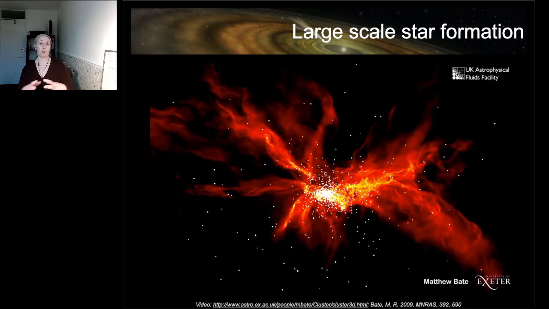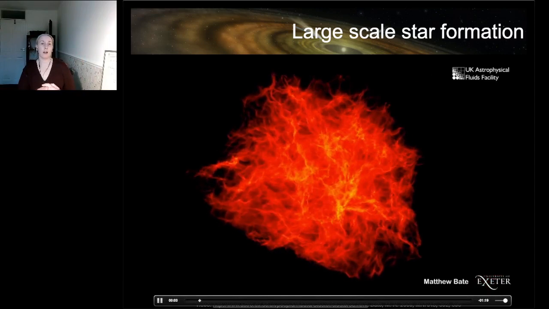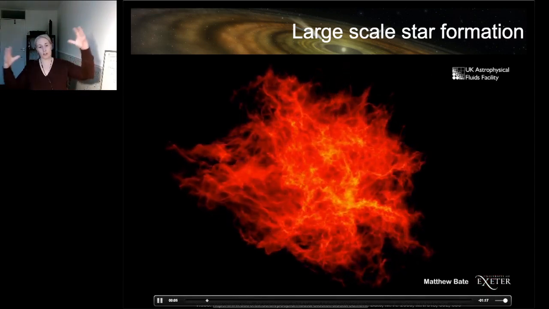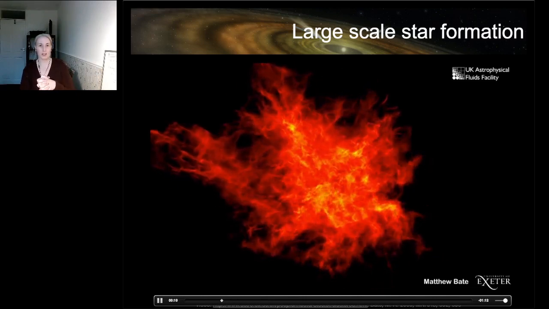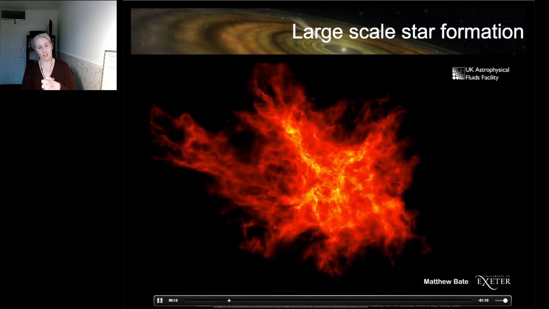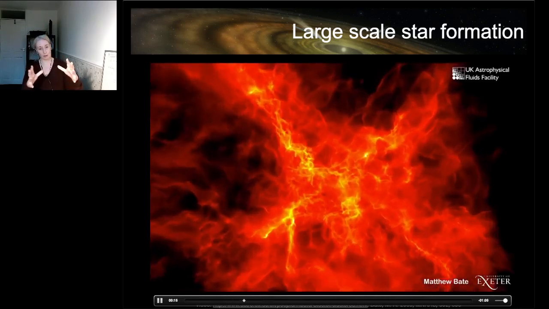Most stars form within large-scale star forming regions, and most stars also form in big ensembles that we call clusters. This is a really nice video that shows an originally spherical cloud that starts to collapse due to the force of gravity winning over the thermal pressure keeping the cloud stable.